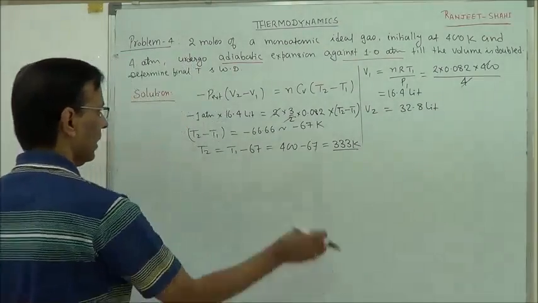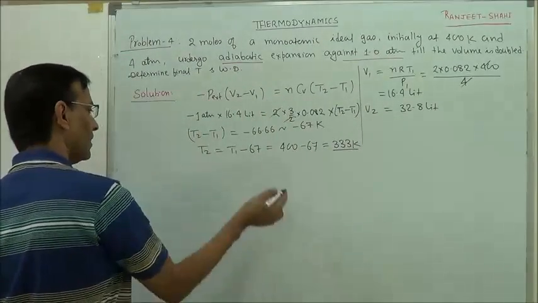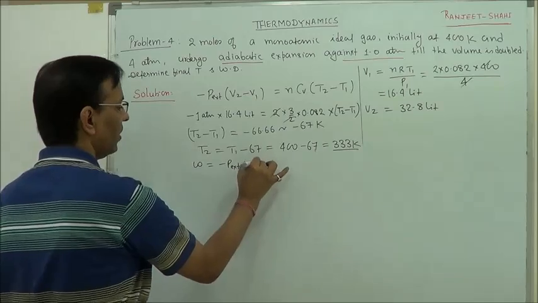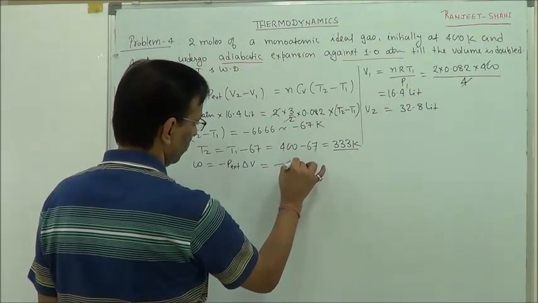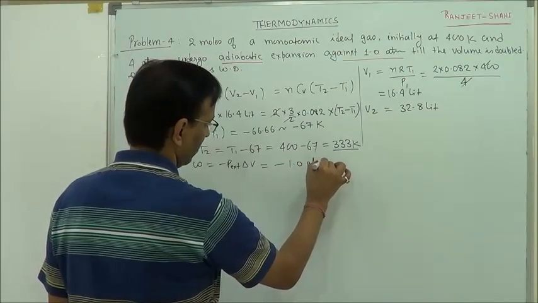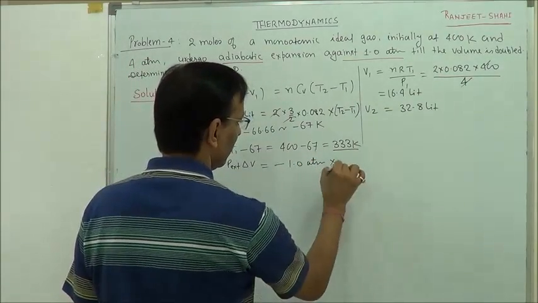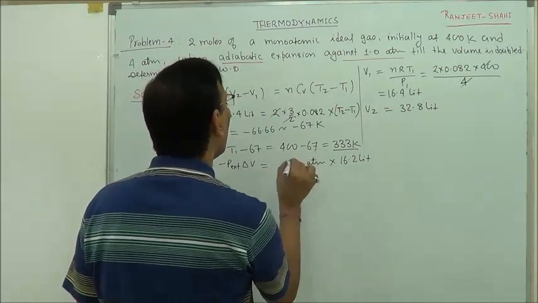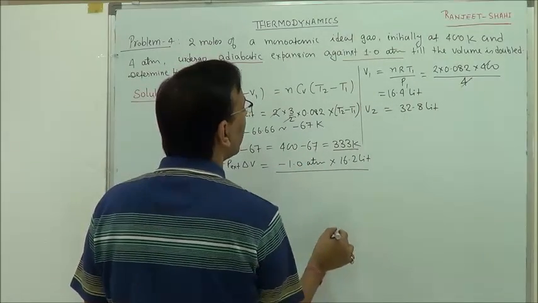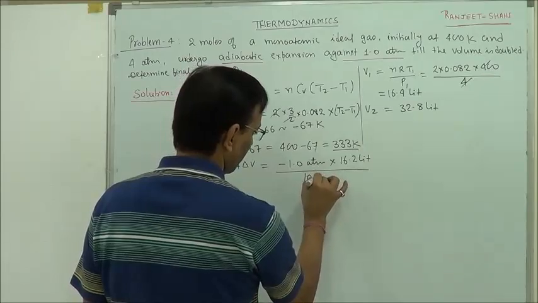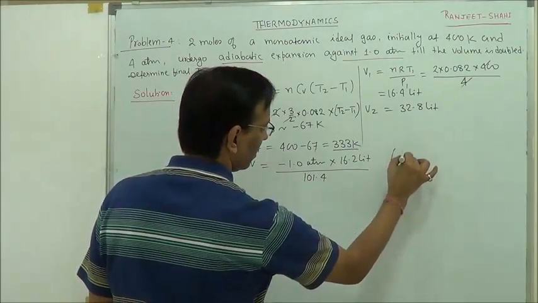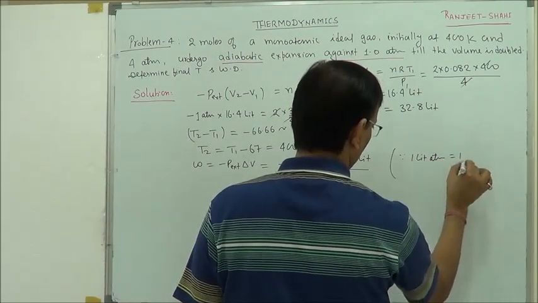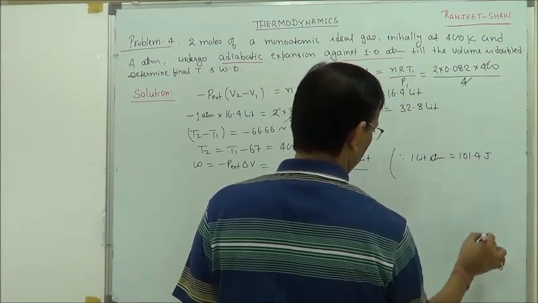Work done is minus P external delta V, so minus P external is 1 atm into delta V, 16.4 liter, and if we want to convert it into joule, divide by the factor 101.4. 1 liter atmosphere is 101.4 joule.